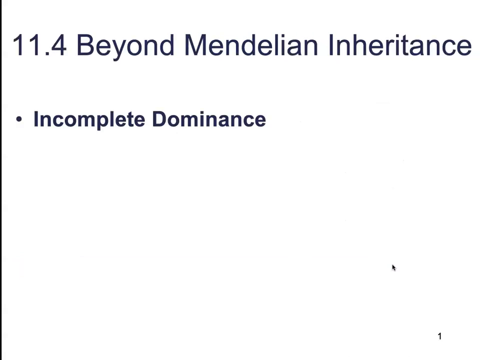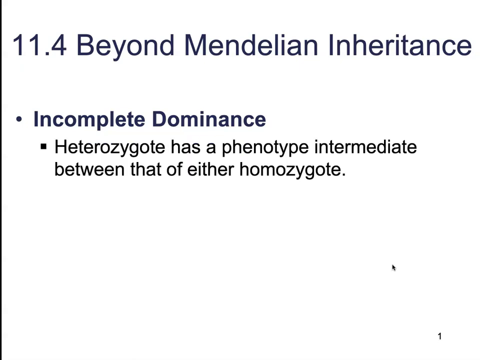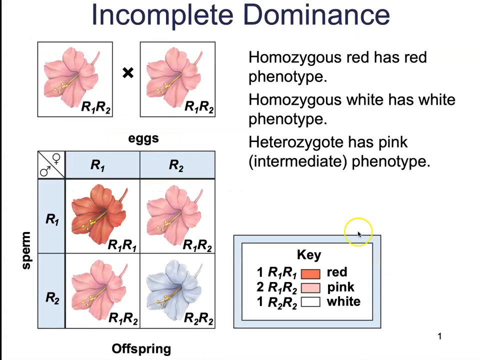There are also instances of incomplete dominance, meaning that the heterozygote has a phenotype that's intermediate between that of either homozygote. So the phenotype reveals the genotype. In other words, there's sort of a dominance, but it's not fully dominant. A great example of this would be flowers. Homozygous red has a red phenotype, and homozygous white has a white phenotype.